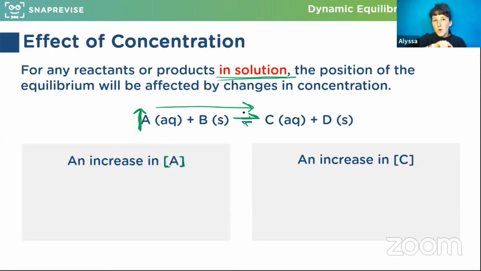So we're going to have more forwards reaction to use up all of that A, which means the forwards reaction is going to increase. But because the forwards reaction has increased, we're then going to get more C and D produced.